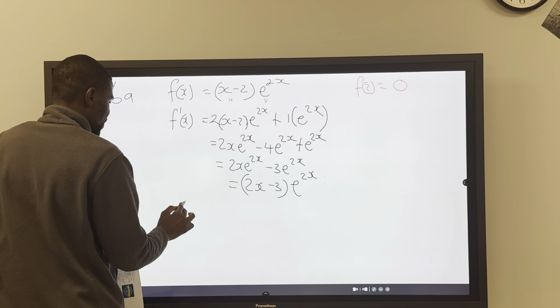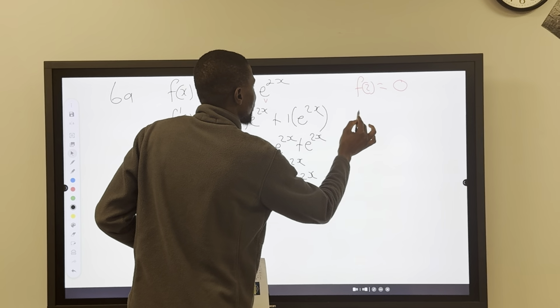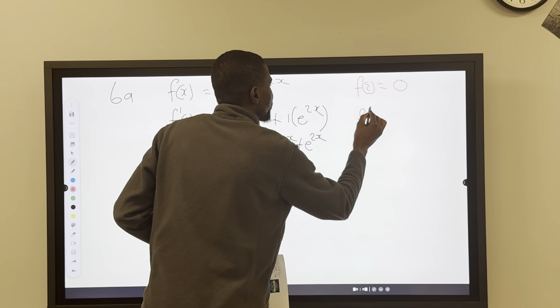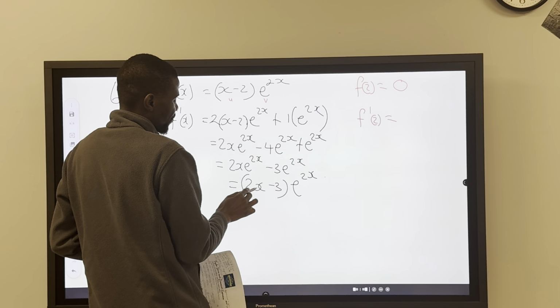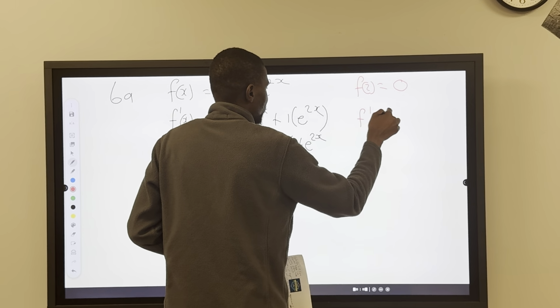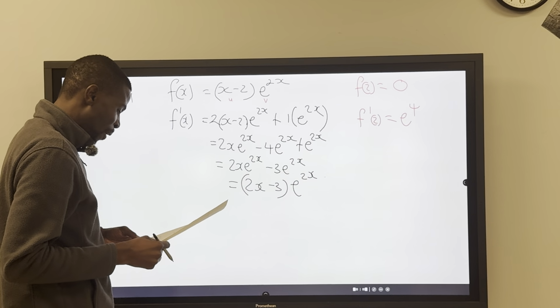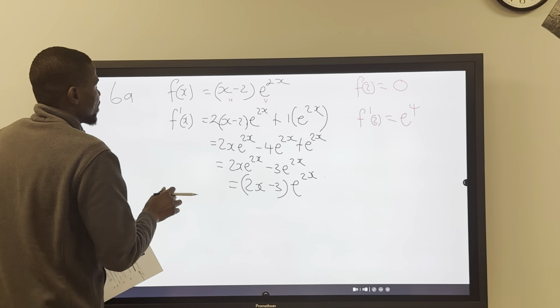So the second derivative. Here, let me evaluate f prime at 2. So f prime at 2, 2 times 2, that's 4 minus 3, that's 1. Then e to the fourth power is just e to the fourth power, right?